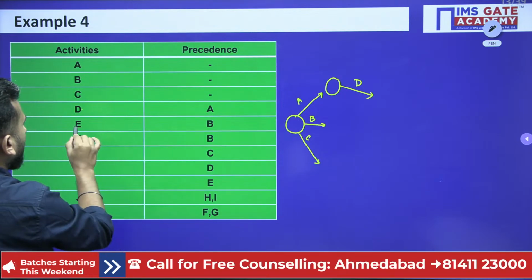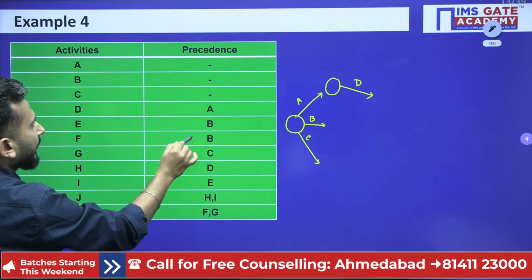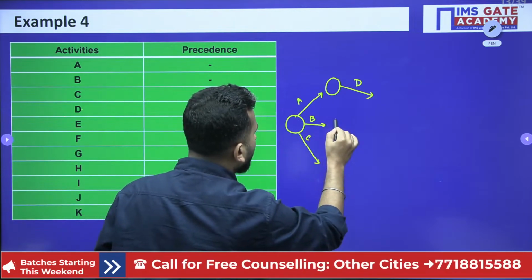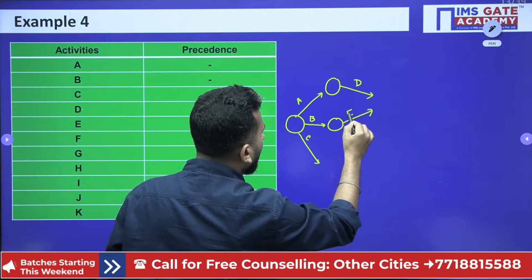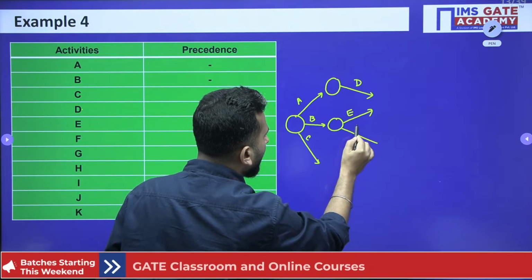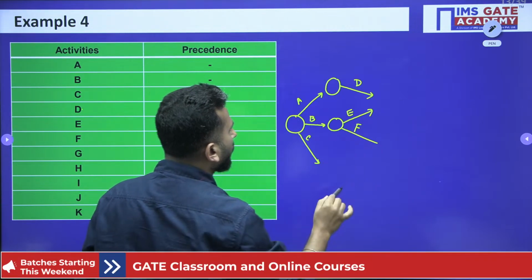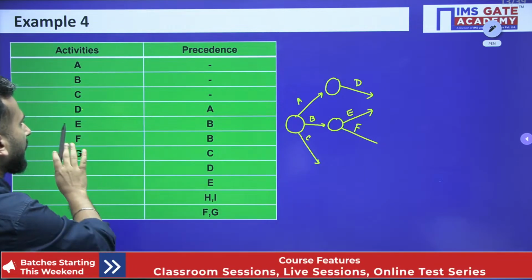E and F both have a precedence of B. So let's say B I have ended, and I am just drawing E and F. I am not sure about the arrows also, but I am just going as per the information given.